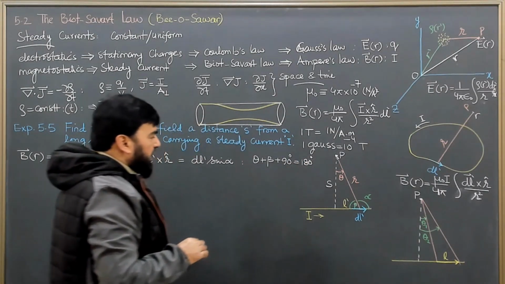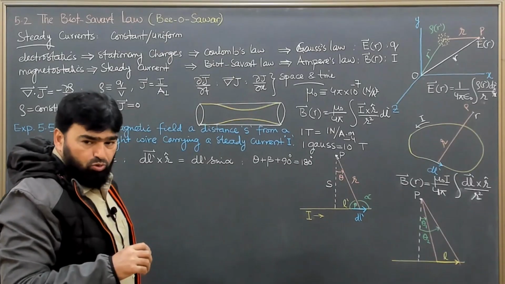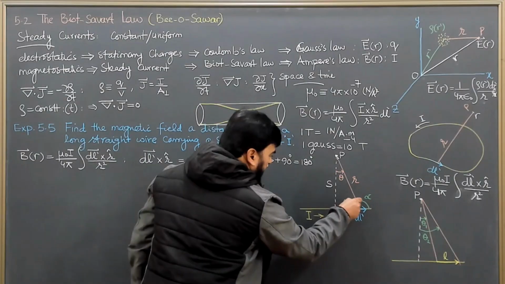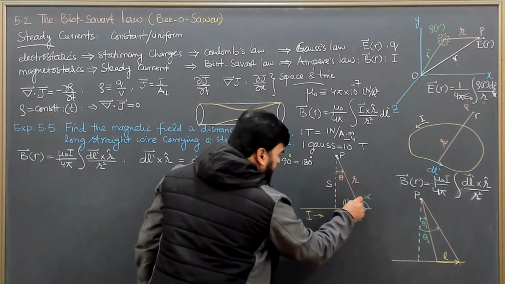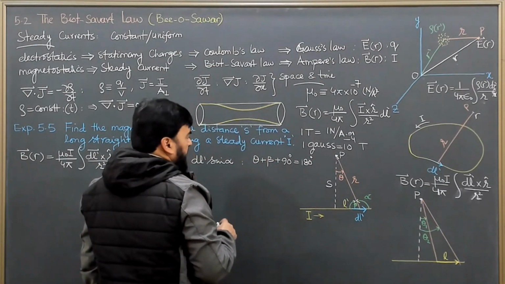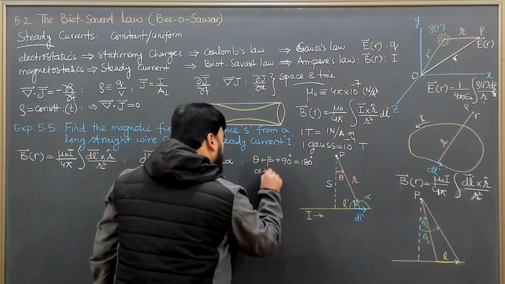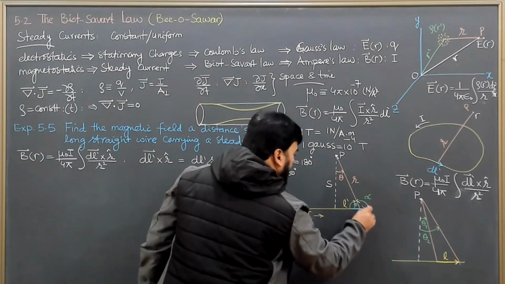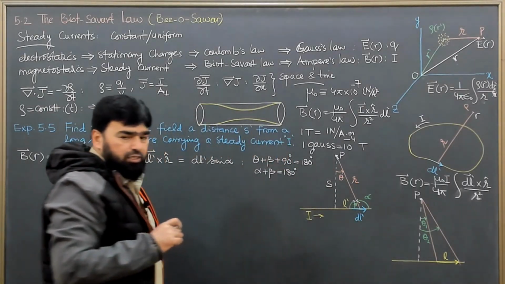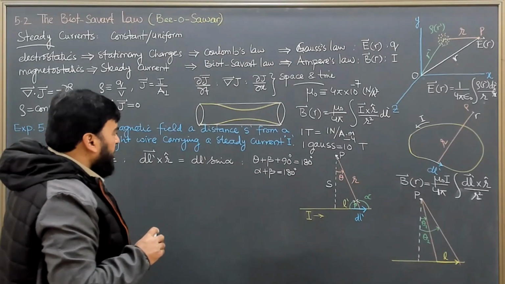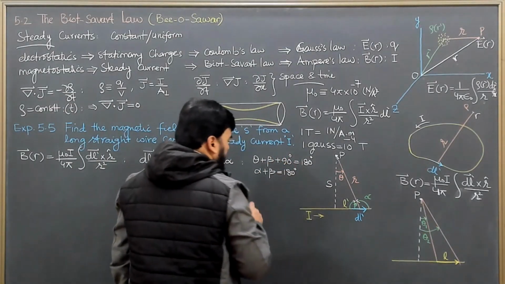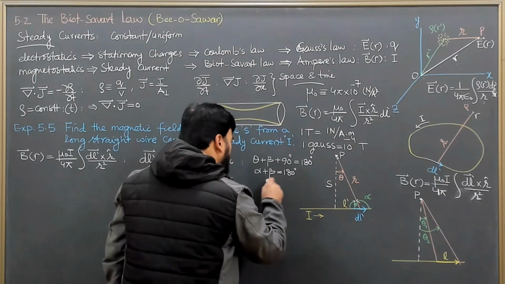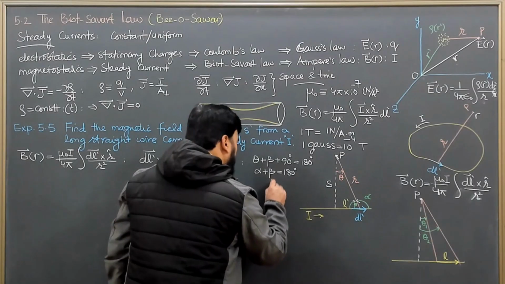And I know one more thing here, that angle alpha and this angle beta are also equal to 180, because they are completing the line here. So they are 180. From here I can write that beta is 180 minus alpha.